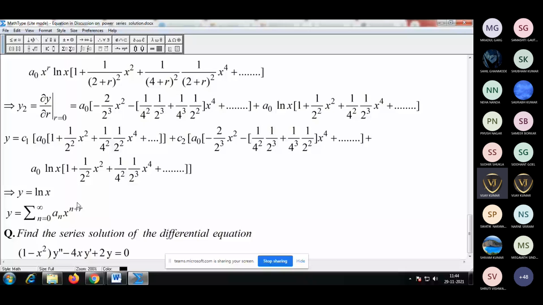So it is the first solution. Then the second solution is coming like this one. A naught can be taken common outside, so it becomes a constant.